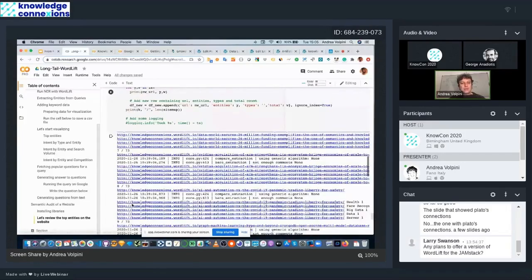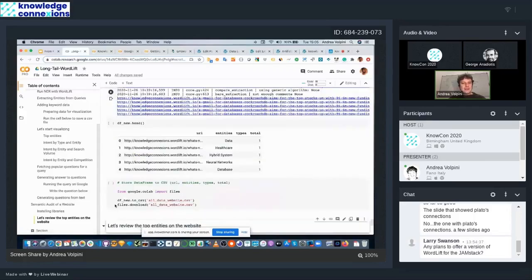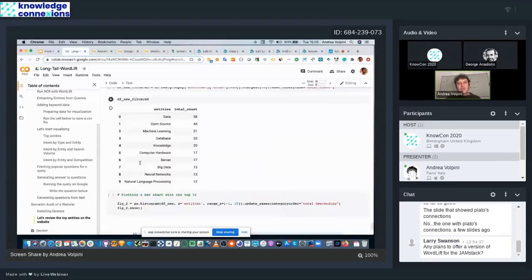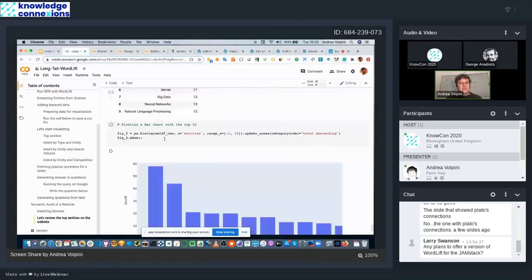Here is where I read the sitemap, and then this is where I start counting for each article the top 5 entities, and then I group them all together, and I try to understand where the things that George is talking about the most are.